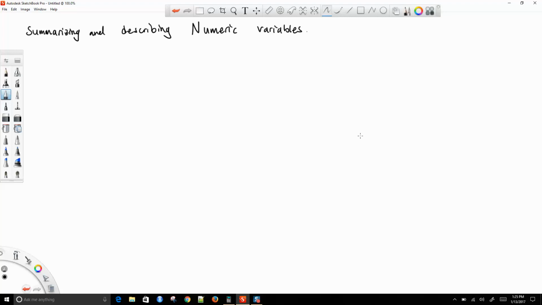Okay, and so again, the big picture idea is we're dealing with a sample of data, and probably this sample of data has been drawn from a population, but we still want to be able to describe the sample of data that we have.